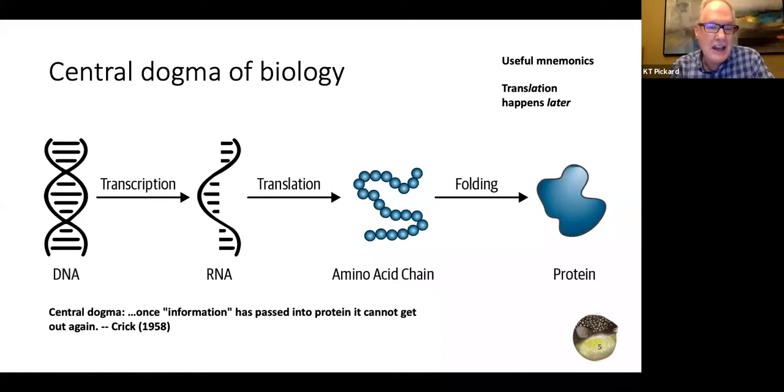This process of taking DNA and moving it to RNA is called transcription. The RNA then has the introns removed, so it has only the exons, or the protein coding portions, in place. Those then move into a process called translation, and that's where we take the RNA, which is the messenger that tells a complex, a ribosome, how to build a protein, which, as you can see, sometimes is folded into different shapes or isoforms, as we call them.